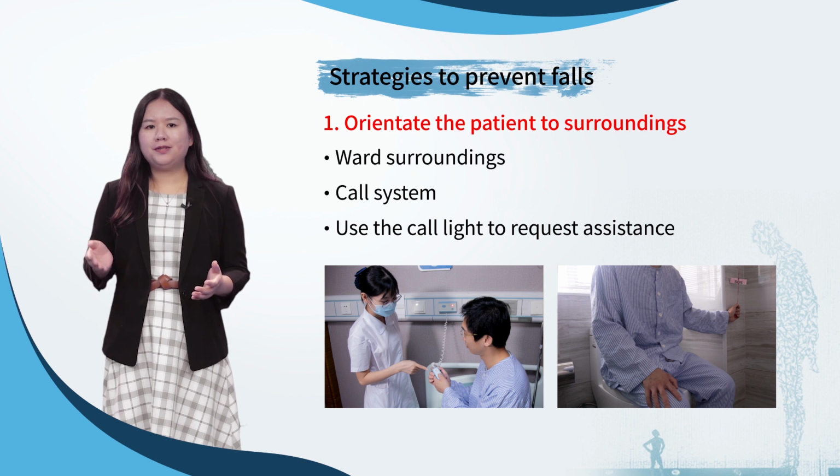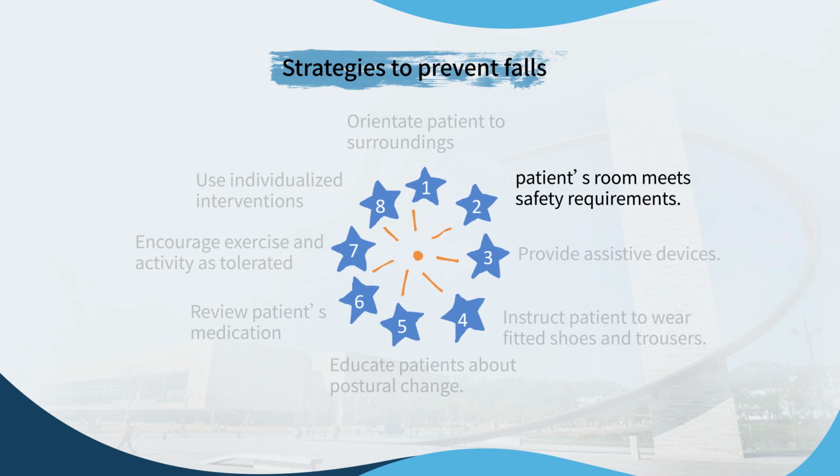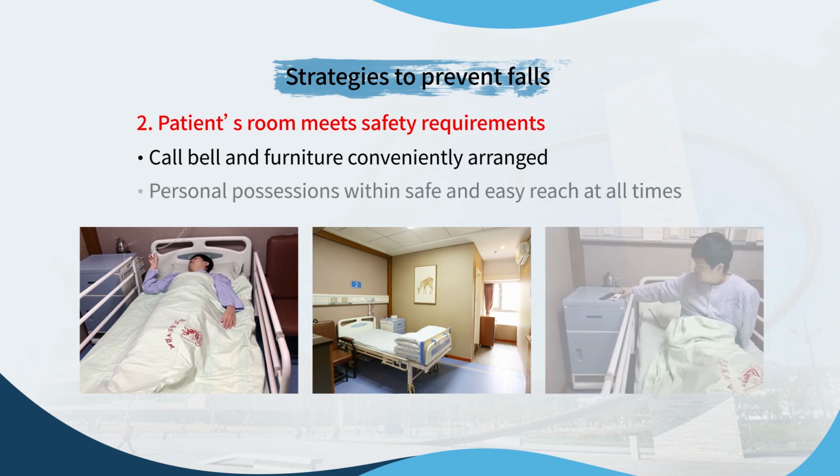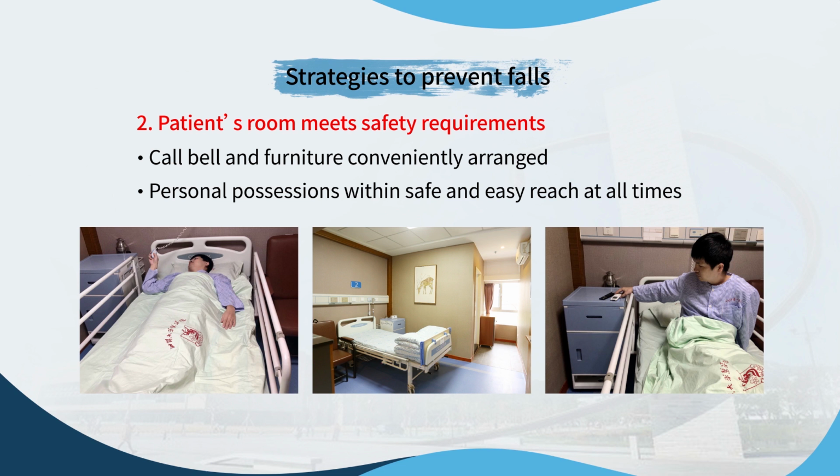Encourage the patient to use it to request assistance. The second strategy is to make sure that the patient's room meets safety requirements. Ensure the call bell and the furniture in the room are conveniently arranged. Also, the patient's personal possessions should be within safe and easy reach at all times.